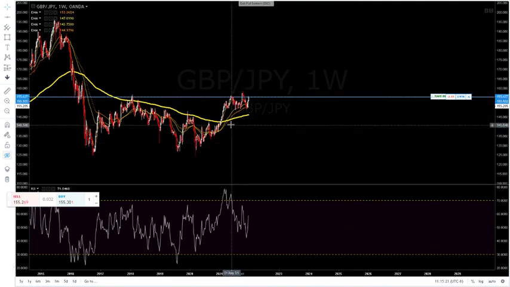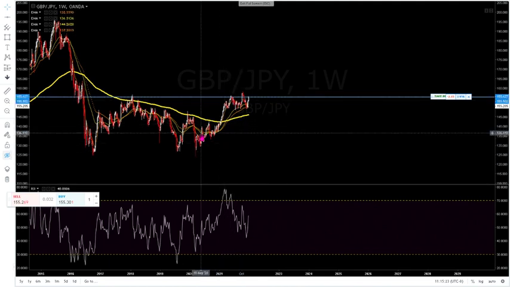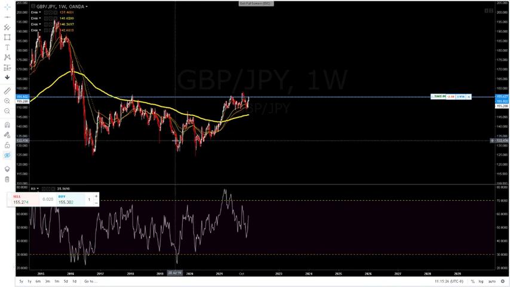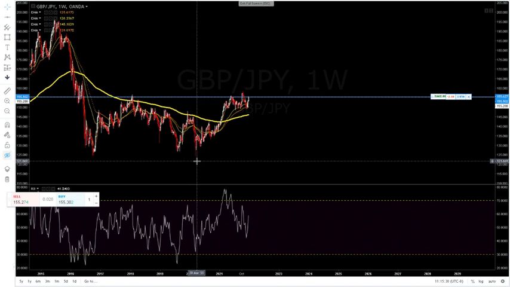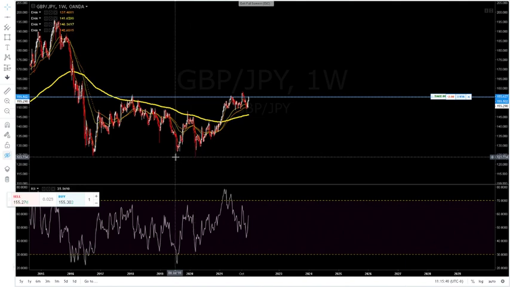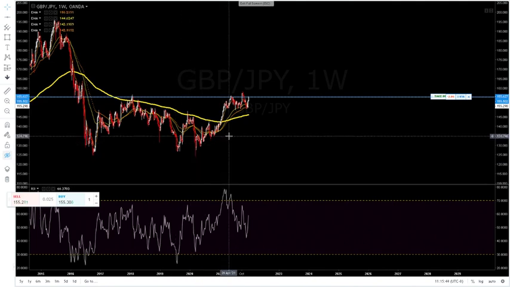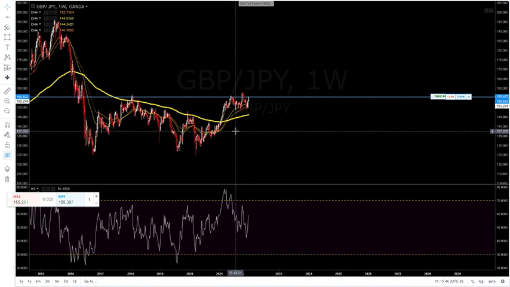Okay, so right here, we have some divergence as well. Price is on a lower low, and so this is regular bullish divergence. So price is pushing up, that makes sense.